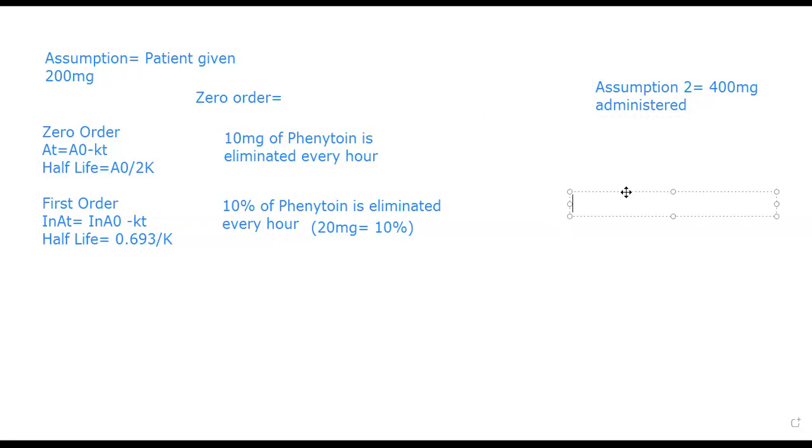So in this case, this patient will now eliminate 40 mg every hour, because first order is a certain percentage of the drug eliminated per unit time. So if you increase the dose, the percentage remains the same, but the amount also increases proportional to the dose. But in zero order, it's a certain amount. It's 10 mg. Even if you give this patient 2 grams of phenytoin, they'll still just eliminate 10 mg every hour.